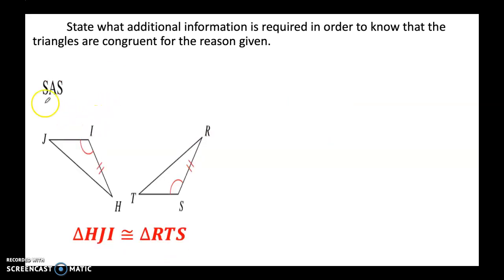Another, we have the SAS postulate, or the side angle side. So we have angle I congruent to angle S and segment IH congruent to segment SR. So we have the angle and the side.